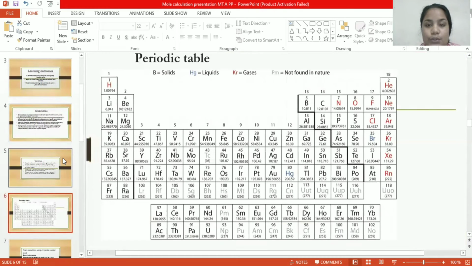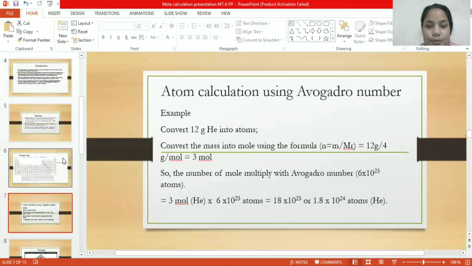So you have to use this periodic table for finding their molar mass. As we go on, atom calculation using Avogadro number. For example, we have to convert 12 grams of helium into atoms. So this is what we are asked to do, to convert the 12 gram helium into atoms.